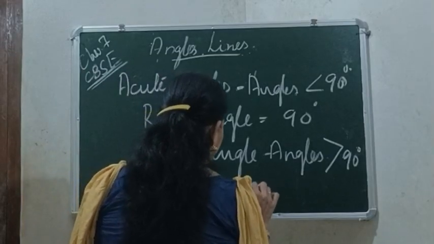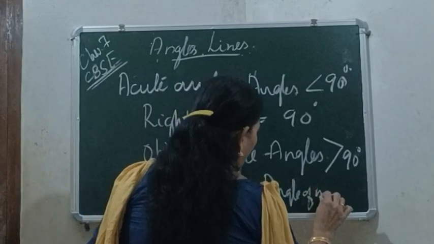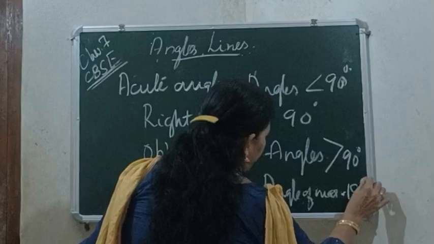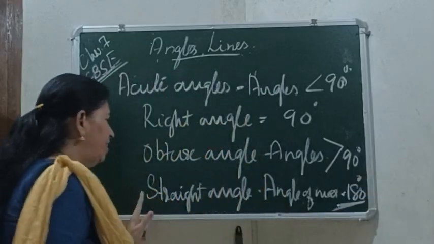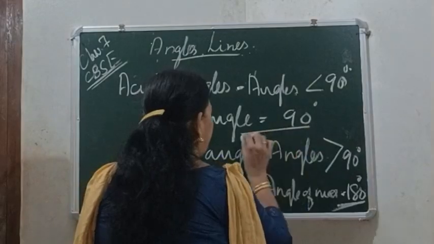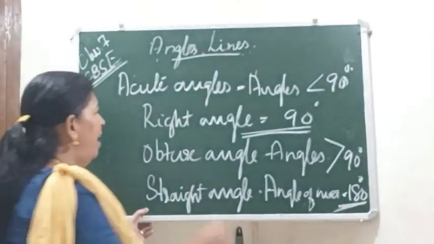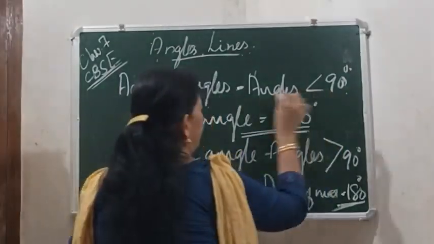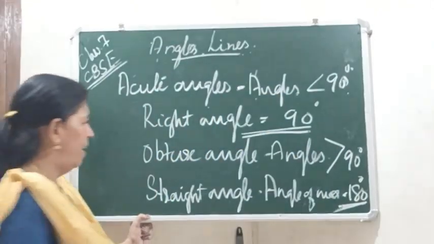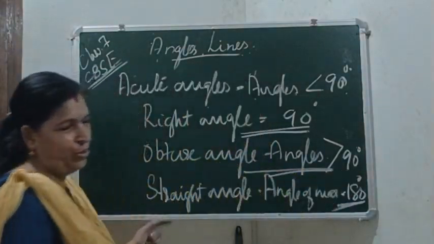Straight angle, an angle of measure 180 degrees, is known as a straight angle. An angle of measure 90 degrees is known as a right angle. Angles below 90 degrees are acute angles, and above 90 degrees, obtuse angles.